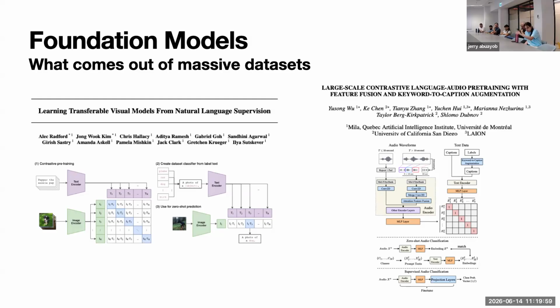So the text and the images are well represented in the same space. I just put it over here on the right. Another model like that is called CLAP, which learned to represent the audio and the text. I don't use it here, but this is another foundation model I think is pretty cool.